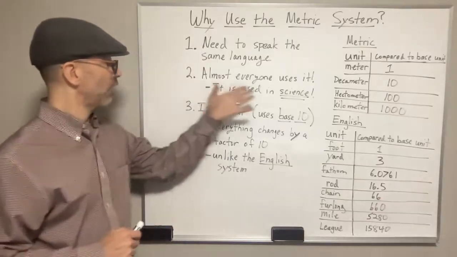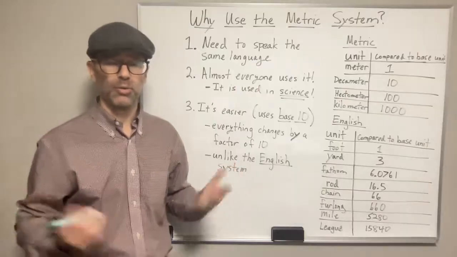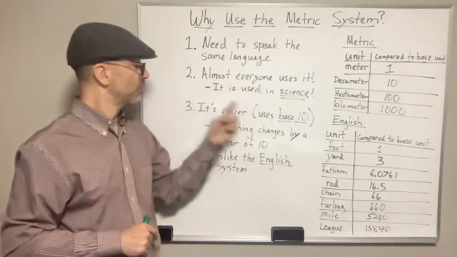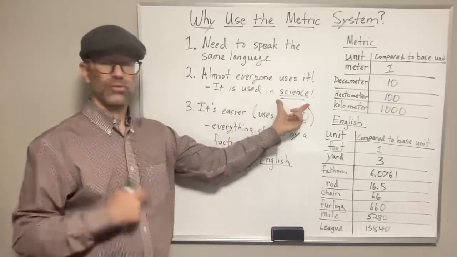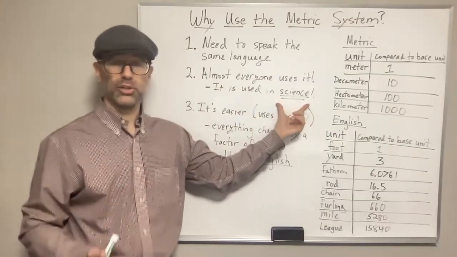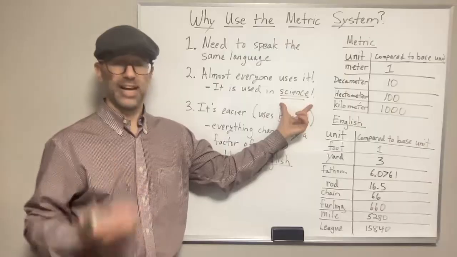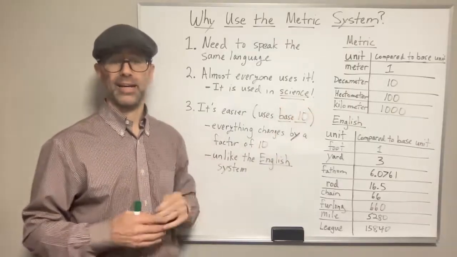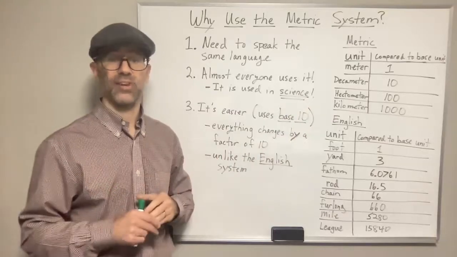The second reason is that pretty much everyone uses it around the world. It's also used in science. Science, it's the language of science. We measure in science all the time. So if you're in a science class, this is going to be really important to learn. And it's all communicated in the scientific community.